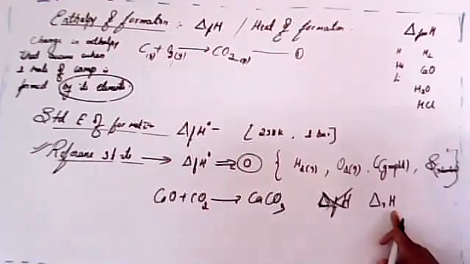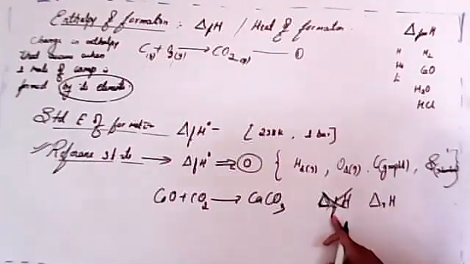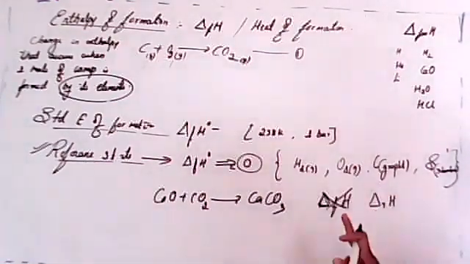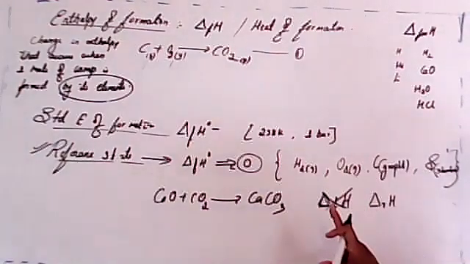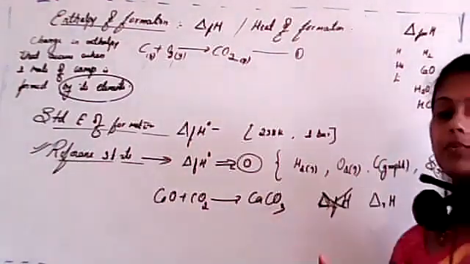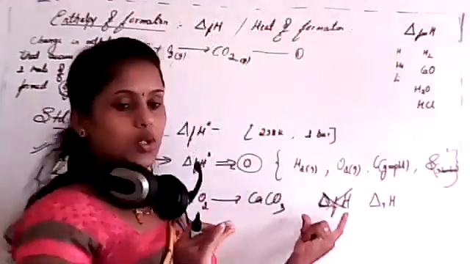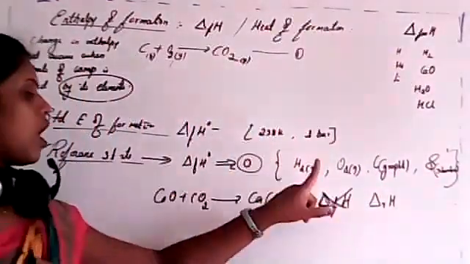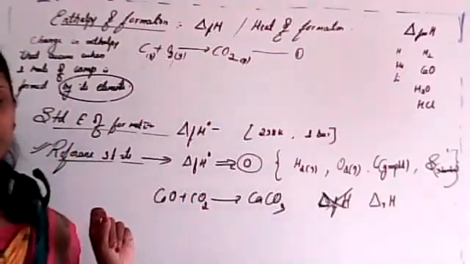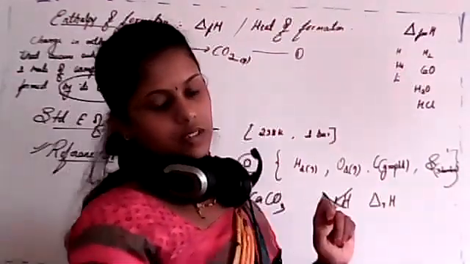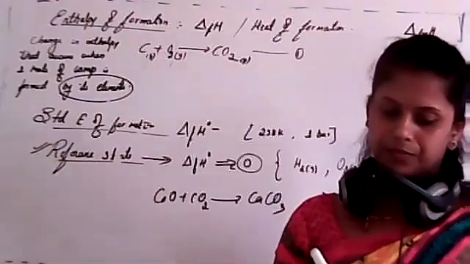Don't use it as enthalpy of formation. Whenever 1 mole of a compound is formed from its elemental state constituents, only in that case you use F. Clear? Is it clear, student?